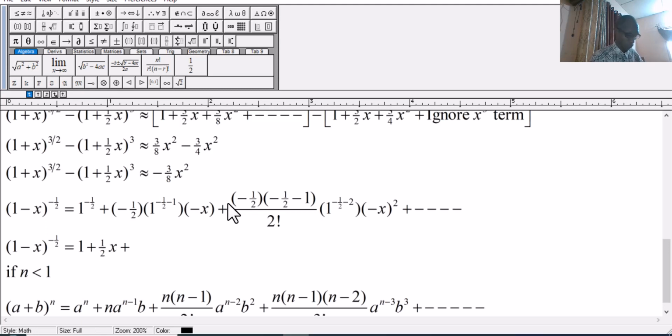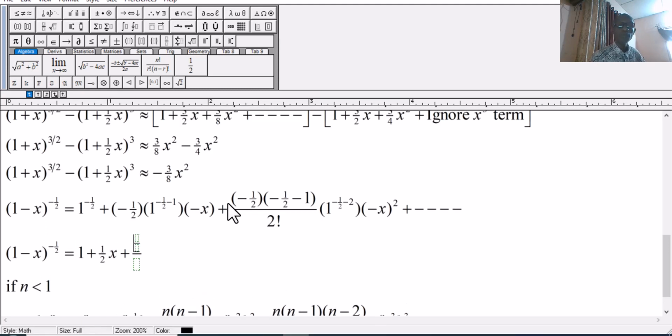Then the next one, so you have minus half. So we have minus 3 over 2, all over 2. 2 factorial is 2. Then you have something of this nature, x squared, and so on.